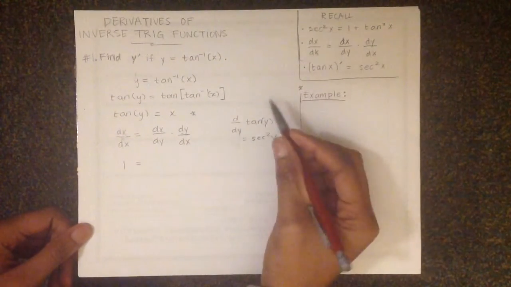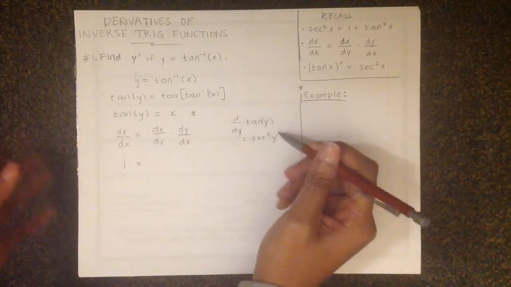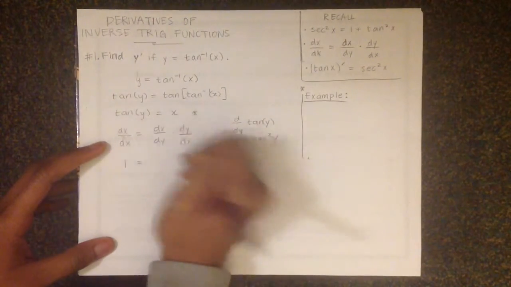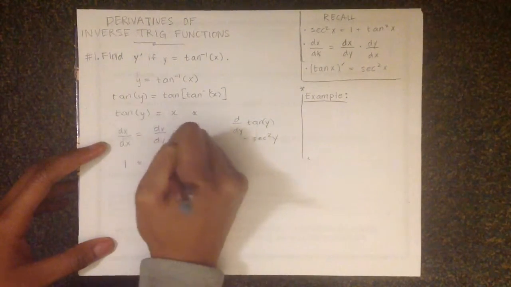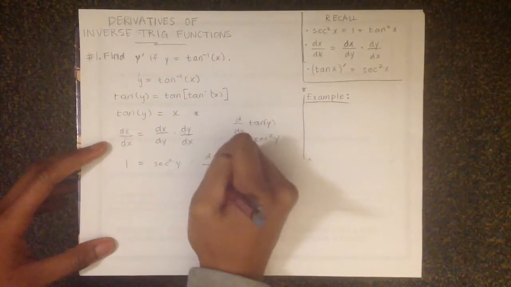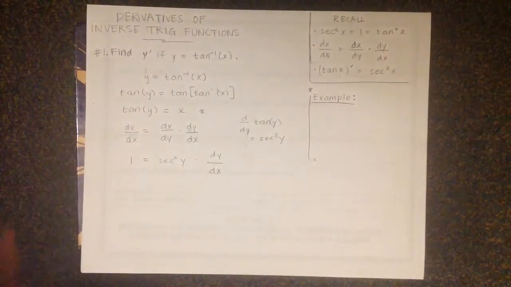In this case, we're doing tangent of y prime, which is secant squared y. So right here we can just put secant squared y times dy by dx.